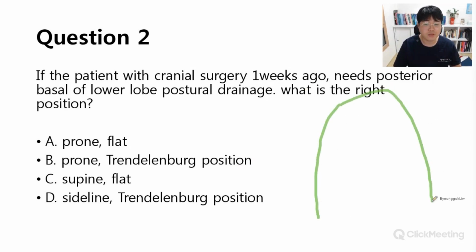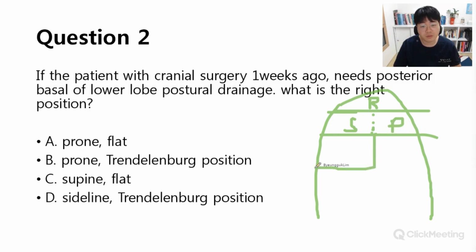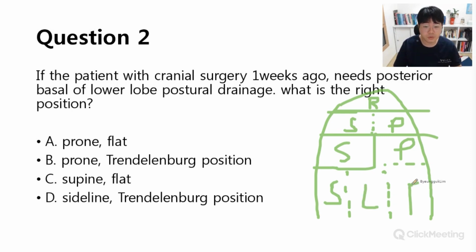I also draw it again if I'm really confused. Apical reclining, and the upper part supine, prone, and middle part and lingular supine, and lower superior prone. Lower anterior supine, lower lateral sideline, lower posterior prone, right?